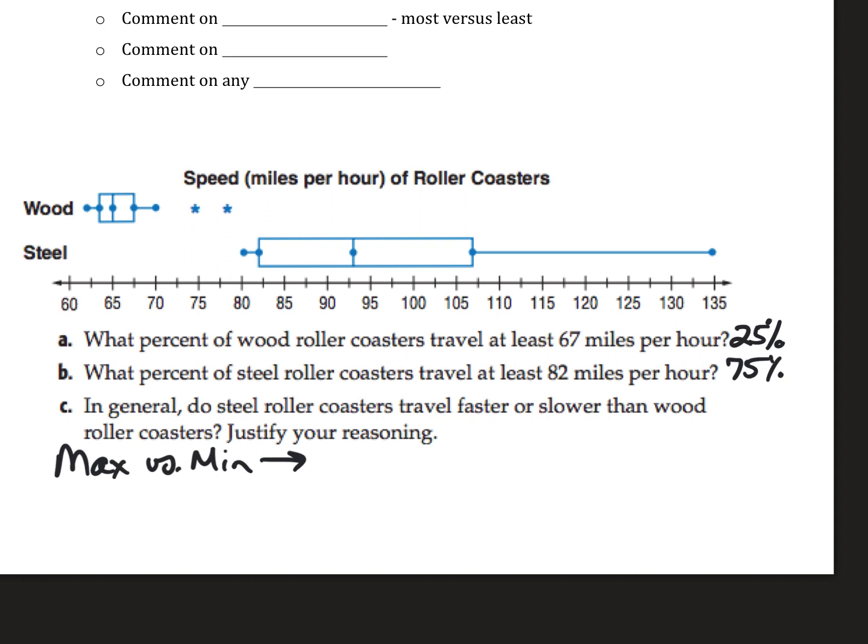So in this case, that's a good argument for why wood is slower, or in other words, steel is faster. Another comment you can make: the maximum for wood is less than the median for steel. That's the middle value for the steel roller coaster.